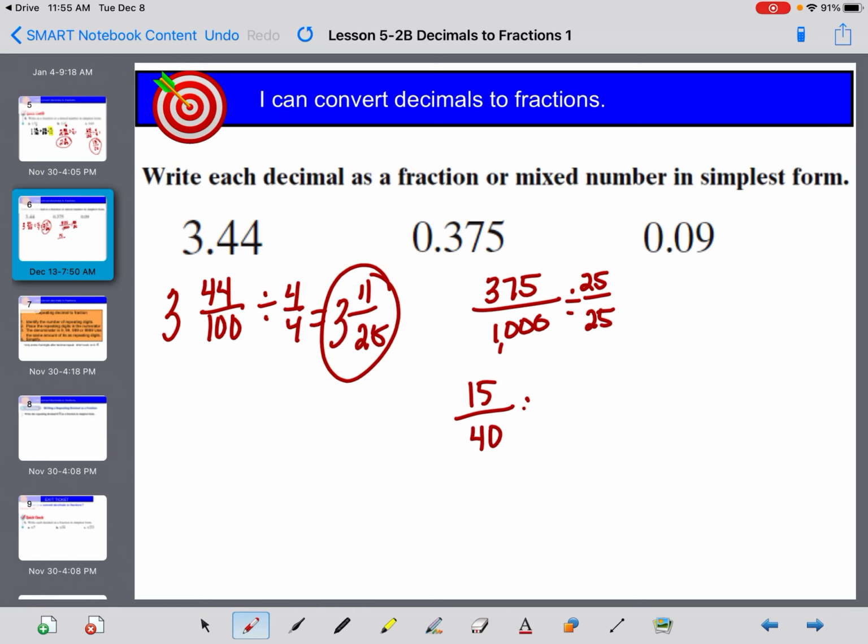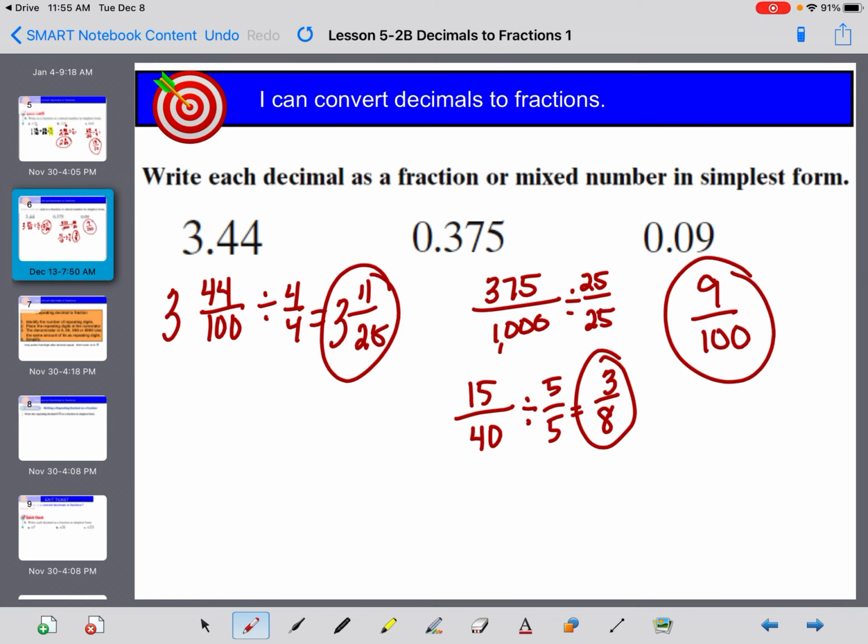That's not enough though, is it? I see they have still a common factor of 5. And so I get 3/8. There we go. And the last one, the 9 is in the hundredths place. This is already simplified.